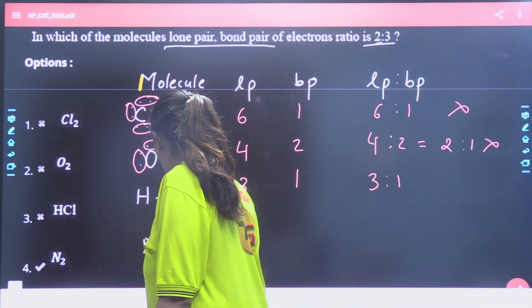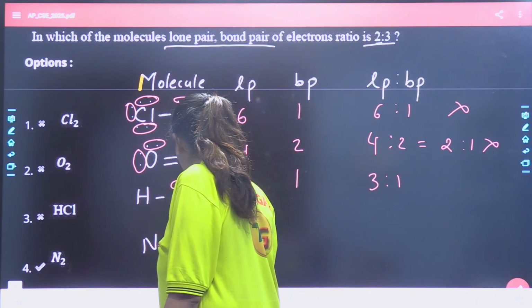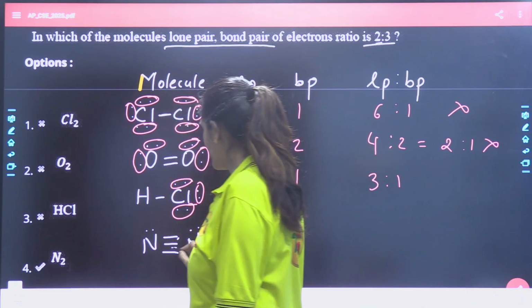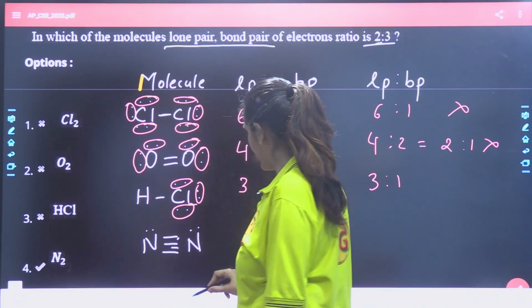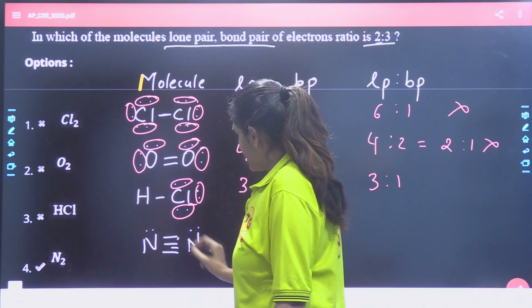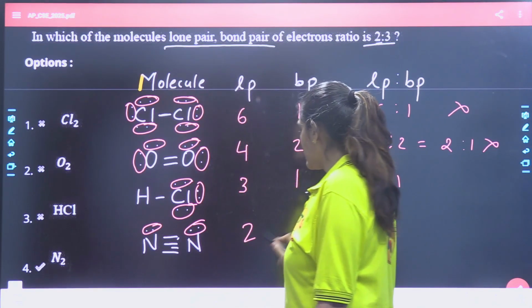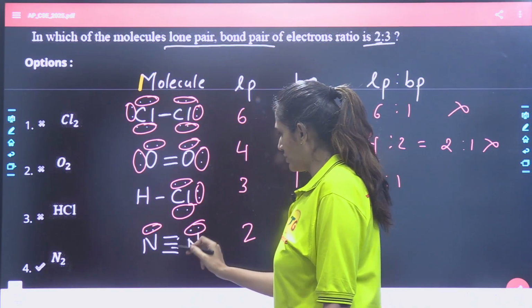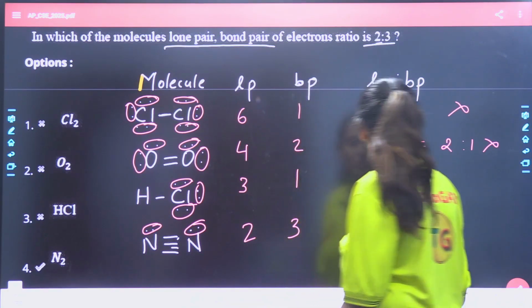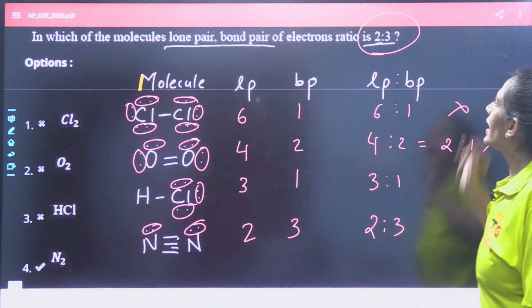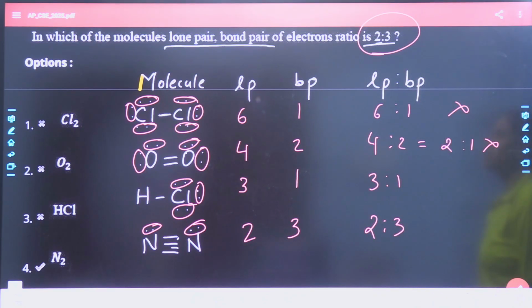The nitrogen molecule. How is the nitrogen molecule formed? There are triple bonds. How many lone pairs are there? 2. And bond pairs? 1, 2 and 3. 3 bond pairs are there. So the ratio is 2:3. This is what is asked in our question, that the lone pair to bond pair ratio is 2:3.